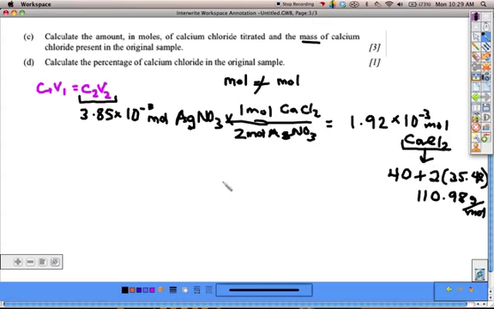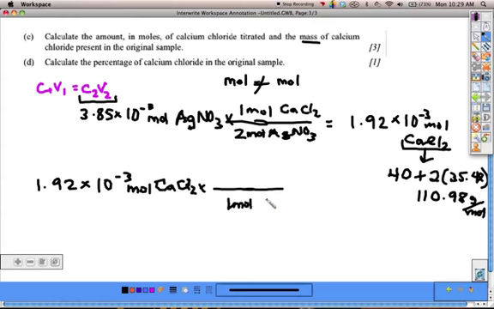So now I can convert this. If I have 1.92 times 10 to the negative 3 moles of calcium chloride, and then I multiply that, for every 1 mole of calcium chloride, there are 110.98 grams of CaCl2.